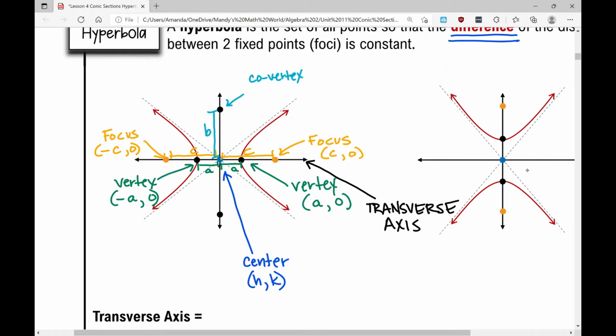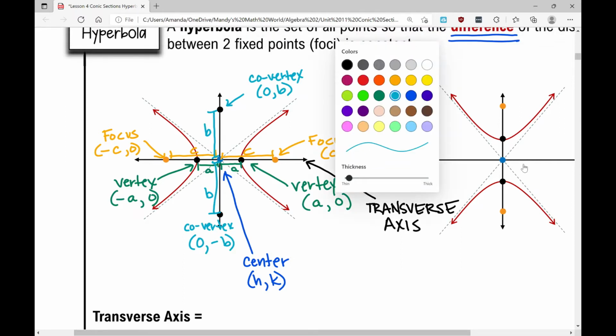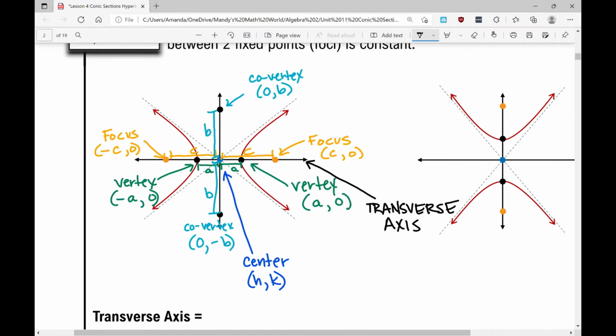And I have a covertex down here as well that is also b units from that center point. So we can label these as ordered pairs: (0, b), going up b units, and this down here would be (0, negative b), going down b units. And those covertices lie on what is called the conjugate axis.